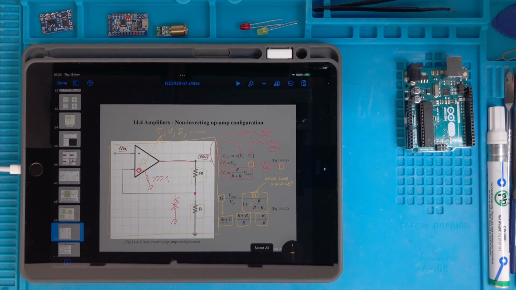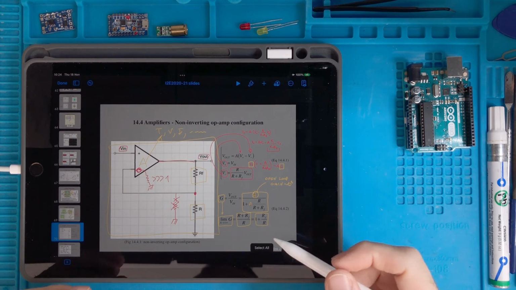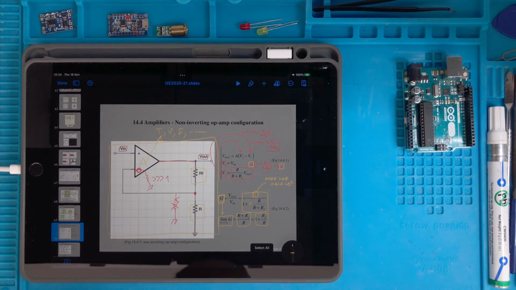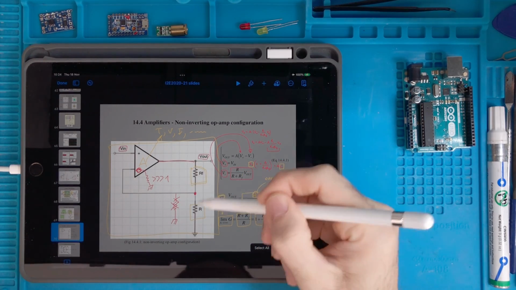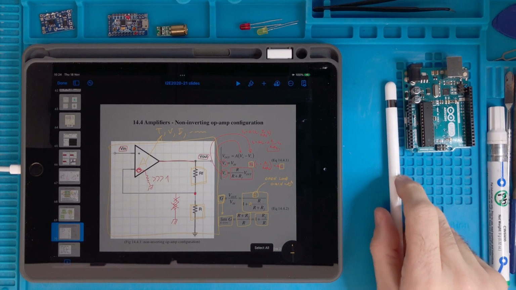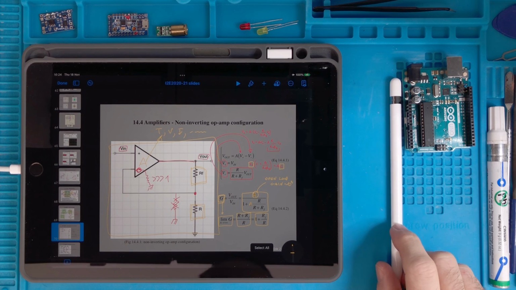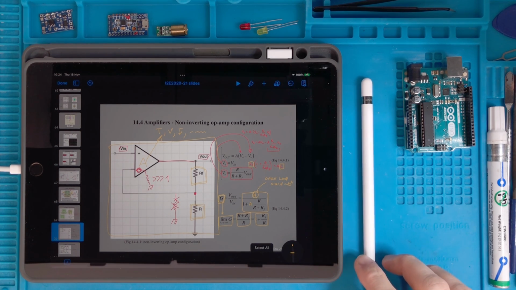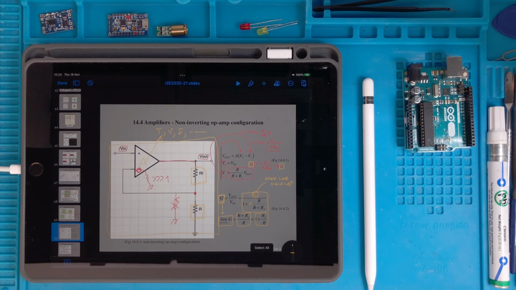So we transform an ugly amplifier into a very beautiful linear amplifier. I mean linear because this G is constant and it depends only on the value of those two resistors. So this is why operational amplifiers are beautiful and very useful in electronics, because basically they are ideal amplifiers that you can program with the gain you need.